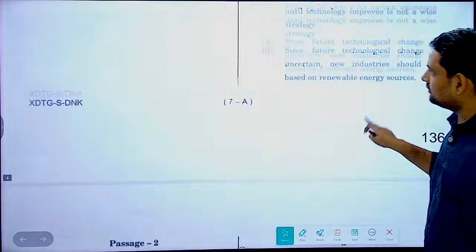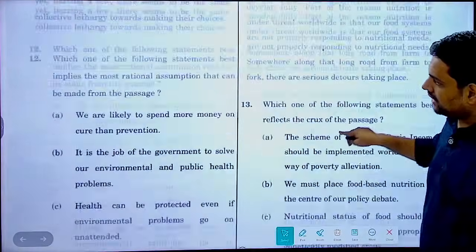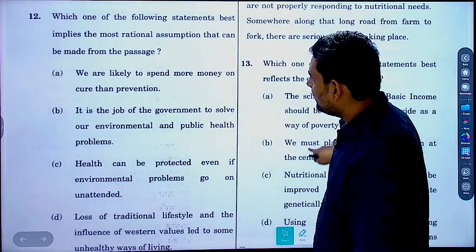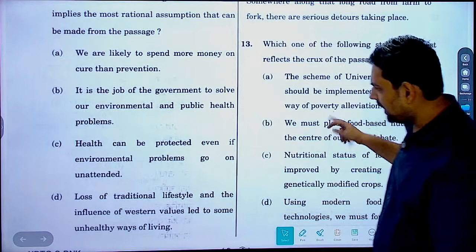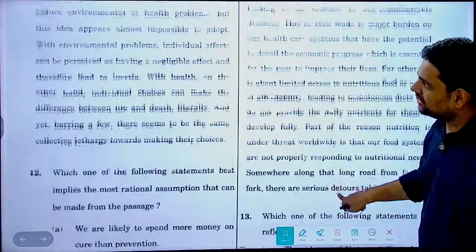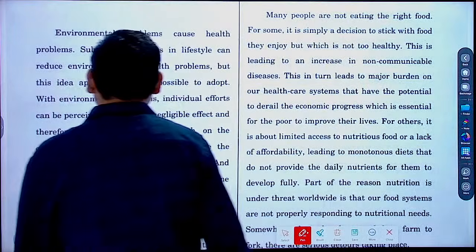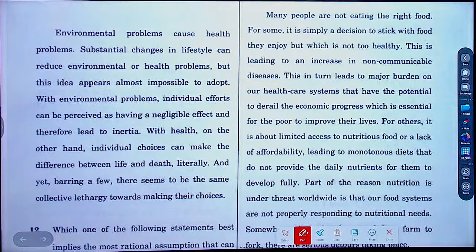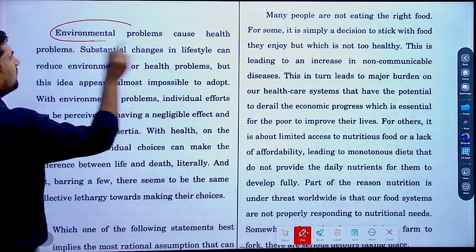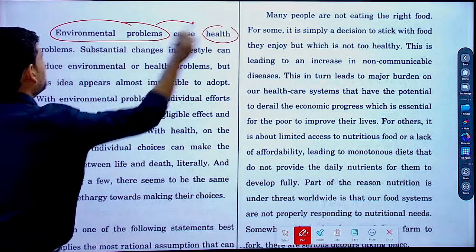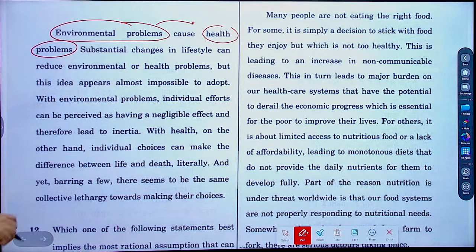Then, next, most rational assumption. Okay, now assumption. So let's read the passage. Now, what it says: environmental problems cause health problems. Then substantial changes in lifestyle can reduce environmental or health problems.